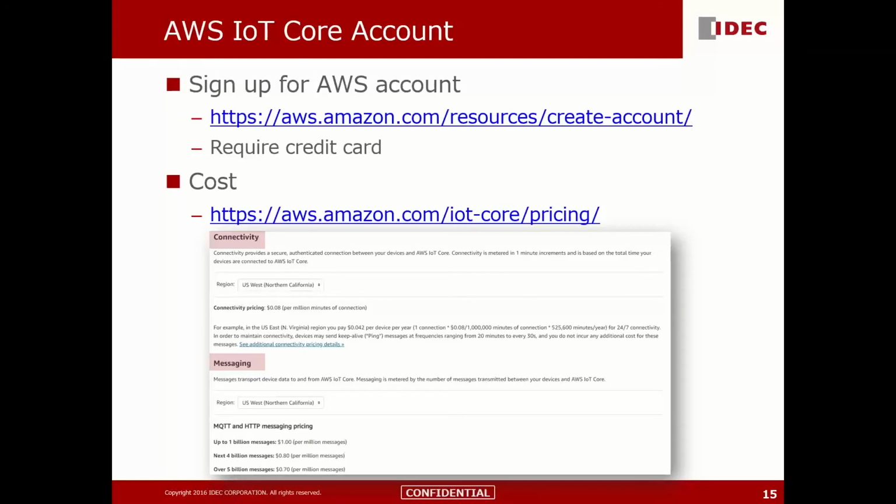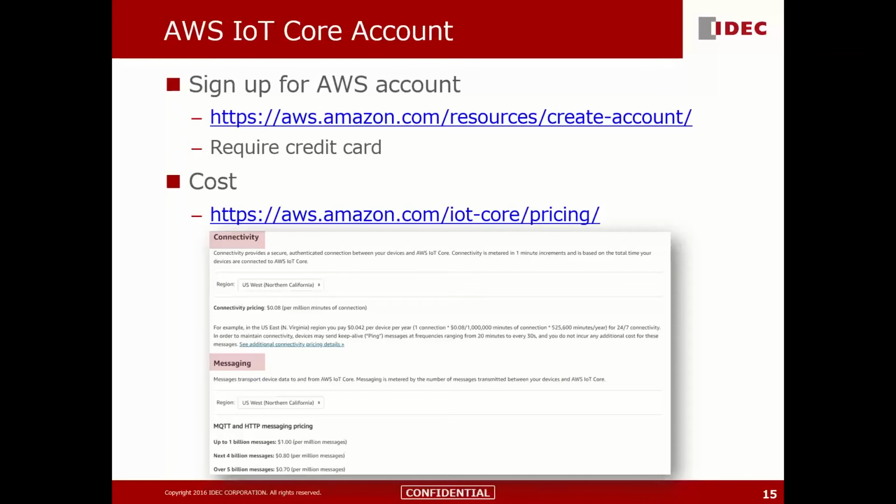If you look at the connectivity alone, it will cost you roughly about 4 cents a year for one device if you have it connected 365 days, 24 hours a day. So basically 4 cents a year for one device if you had it on 365 days.